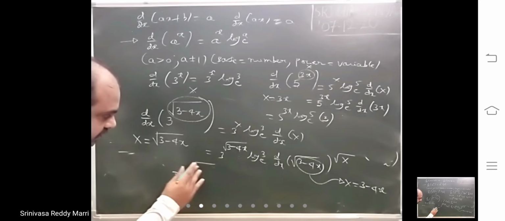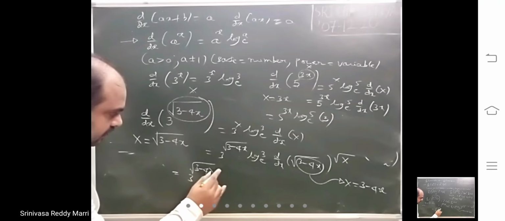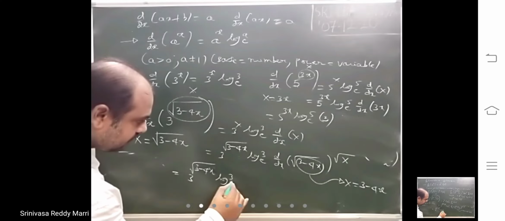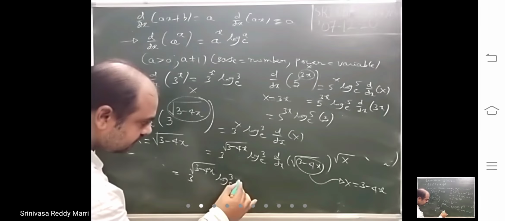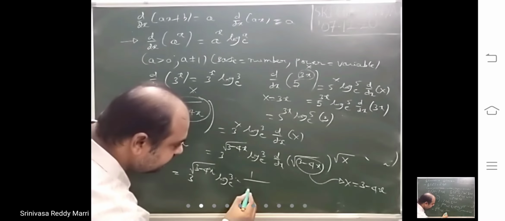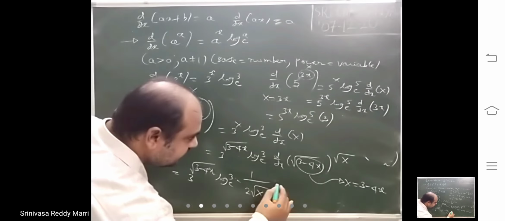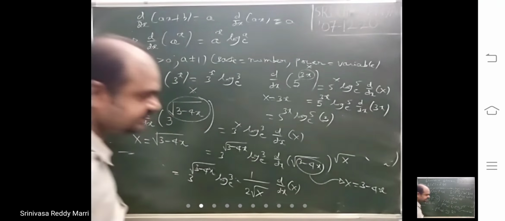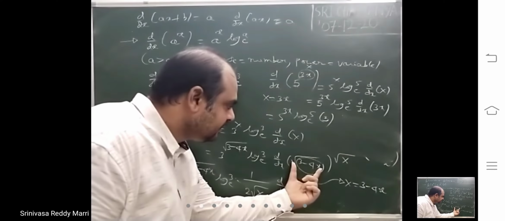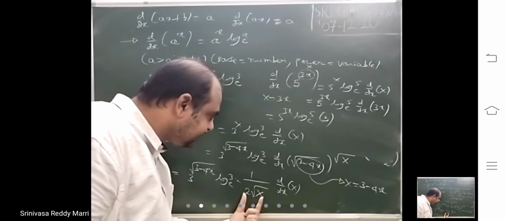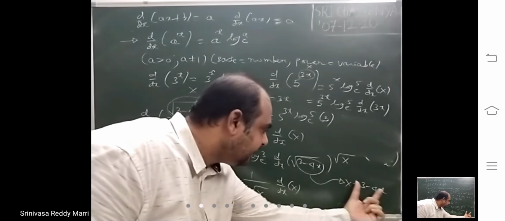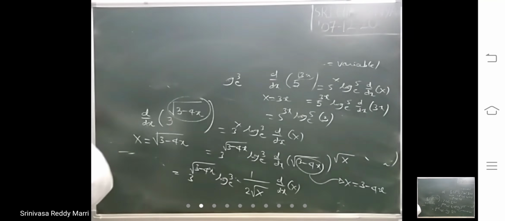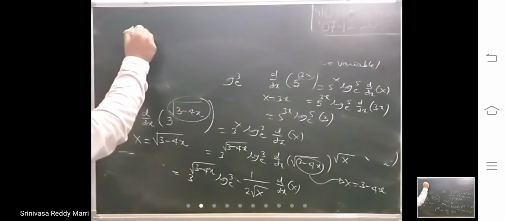Standard rule: 1 by 2 root capital X. Whenever capital X has been taken, again d by dx of capital X. Again fresh root x: 1 by 2 root x standard rule into d by dx of capital X. Like that, step by step we do for the time being. After that you will get very fast.